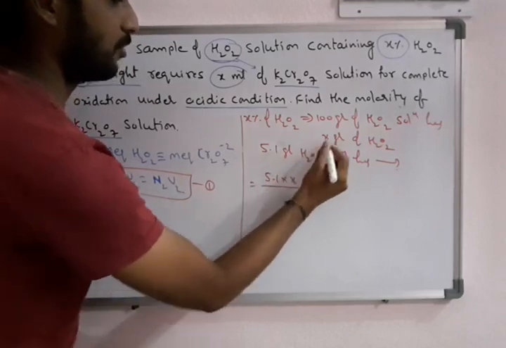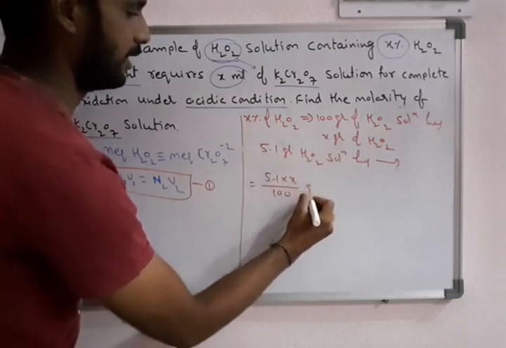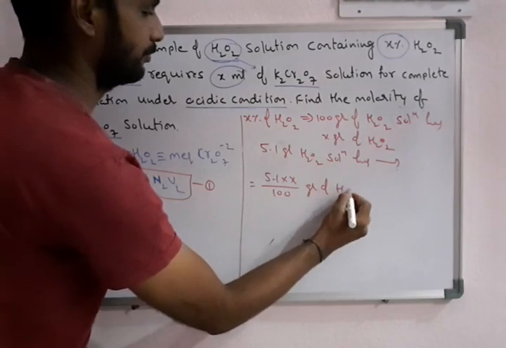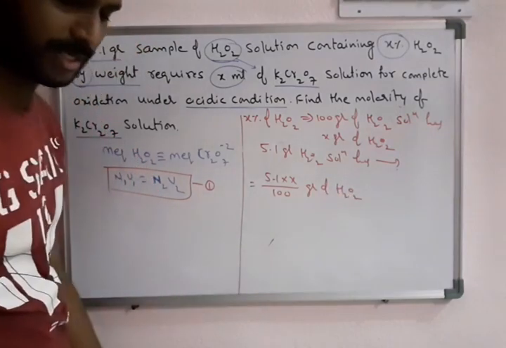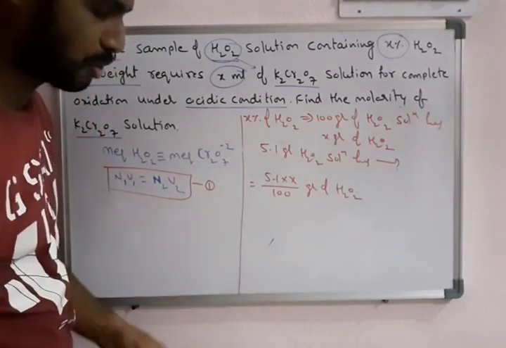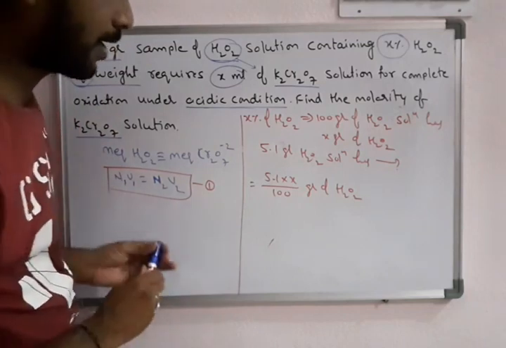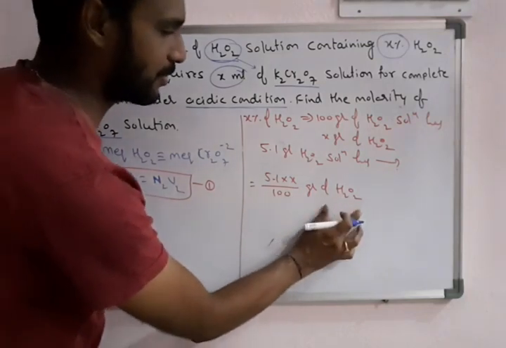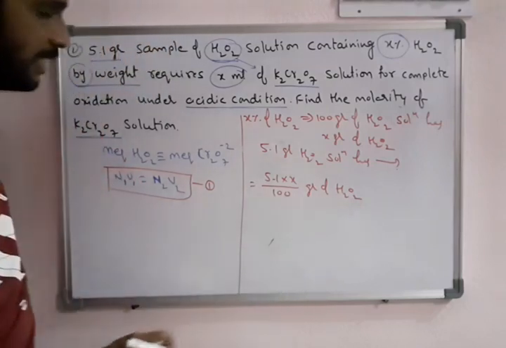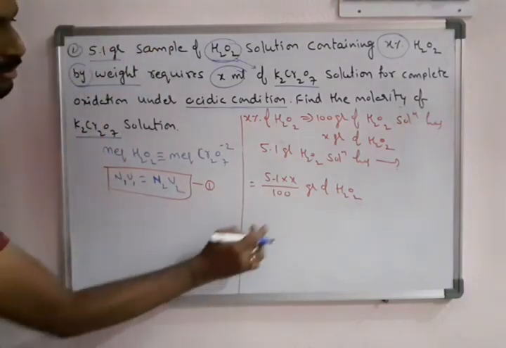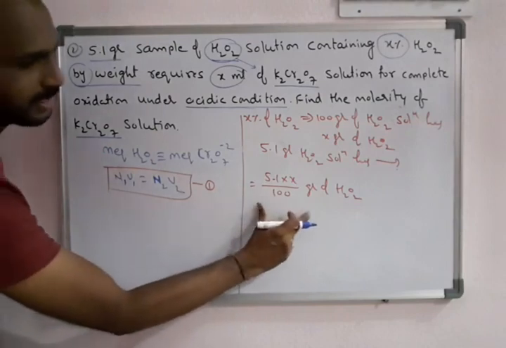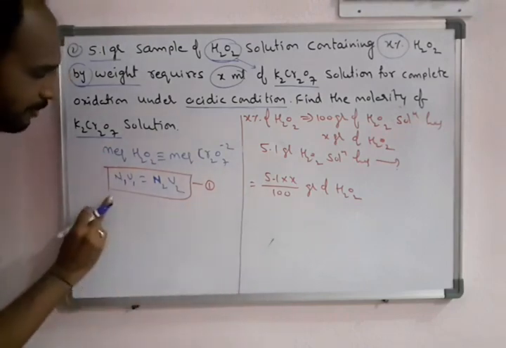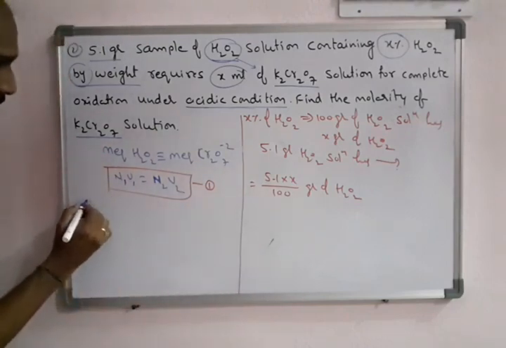That is 5.1 into X by 100 grams of hydrogen peroxide. Means 5.1 into X by 100 grams of hydrogen peroxide is present. Okay, so this much weight is present. We know the weight now. So with the help of this weight of hydrogen peroxide, we are able to calculate the normality.